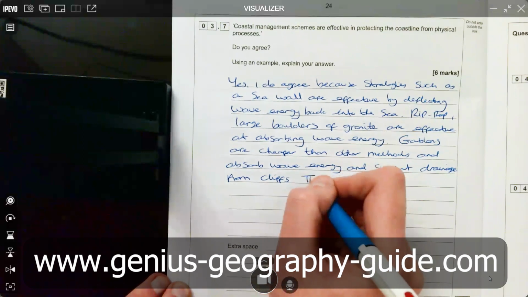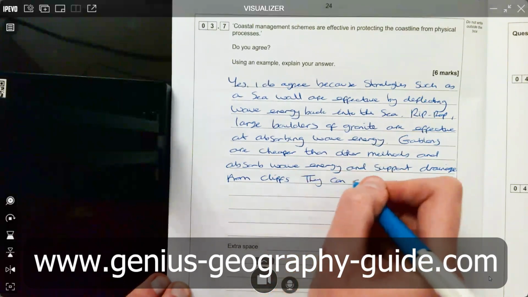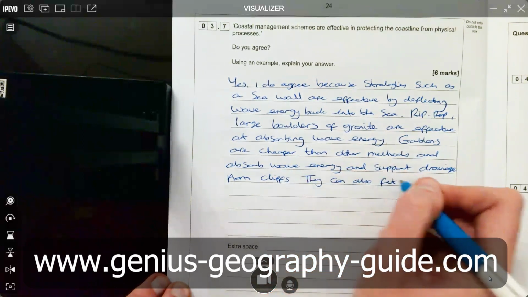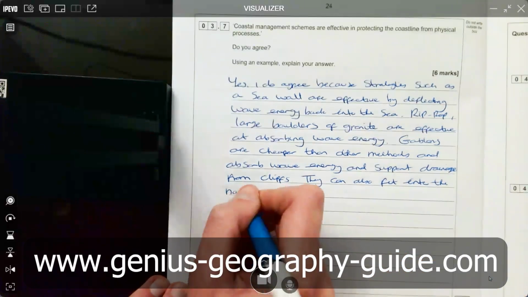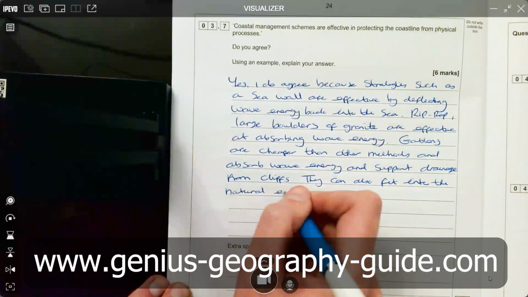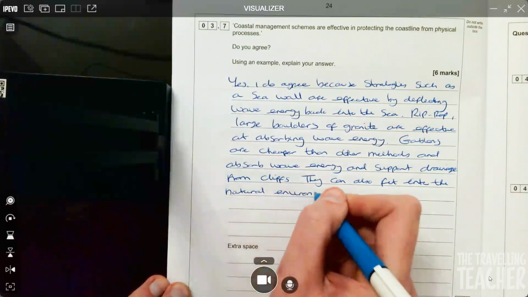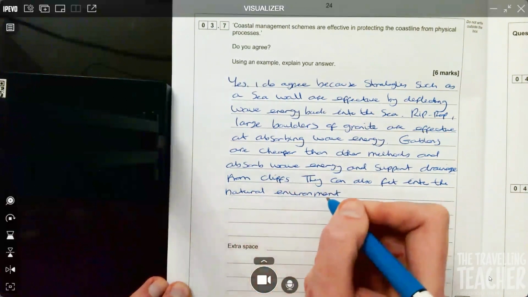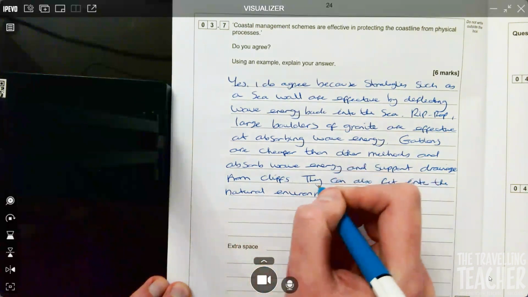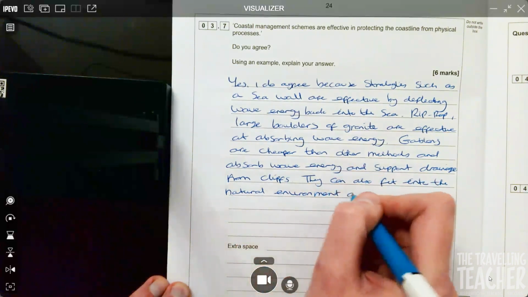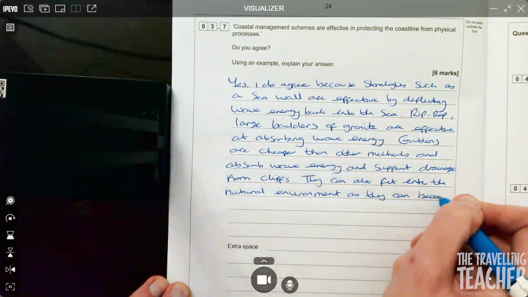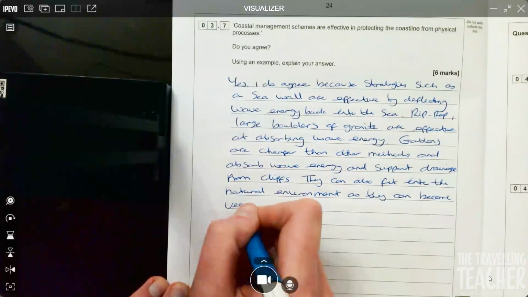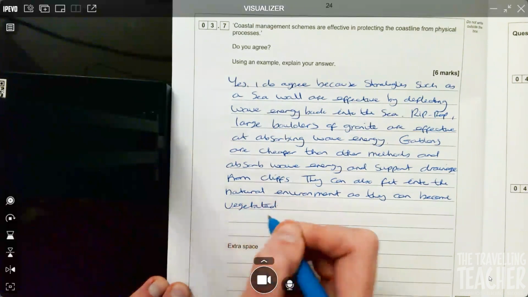Full stop. They can also fit into the natural environment as they can become vegetated.